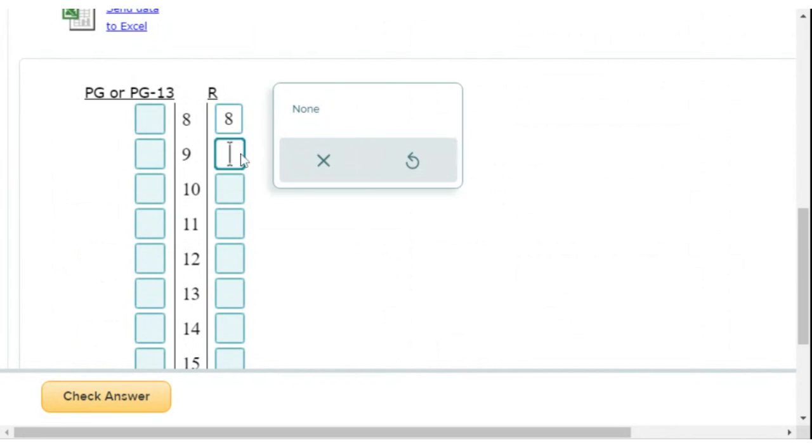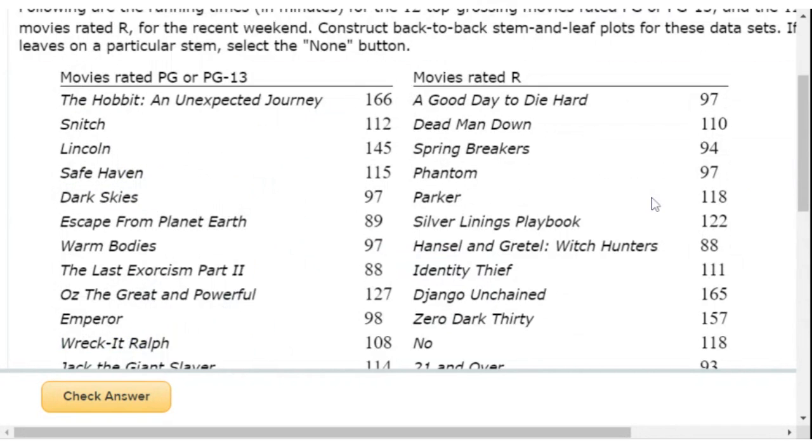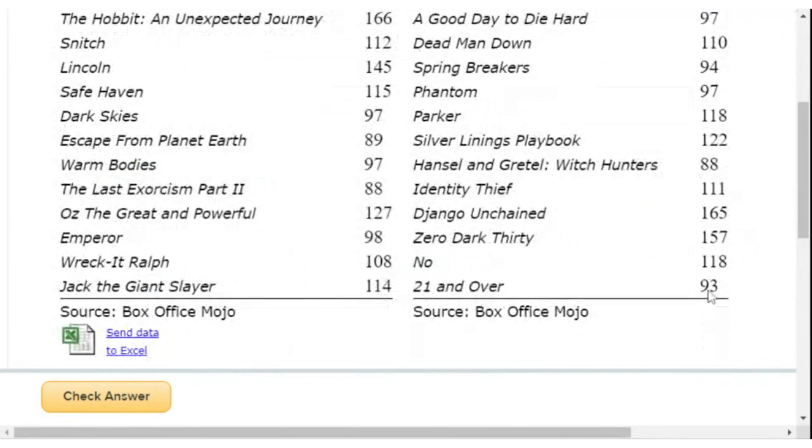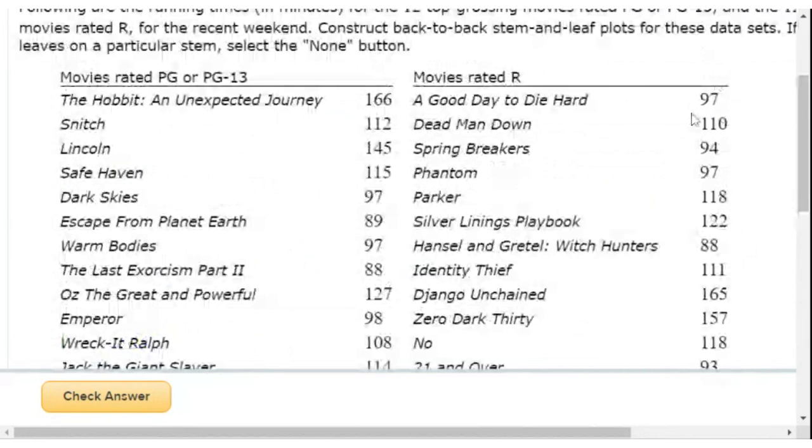There's a 3 here. There's a 4. There's a 7 and another 7. All right, see that? You can go back up here and look. You had 88, 93, 94, and two 97s.